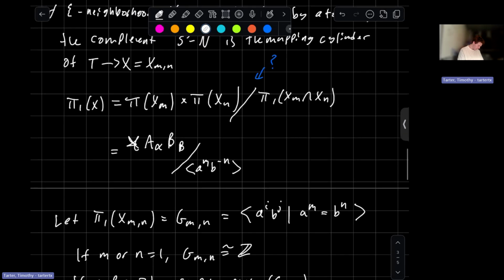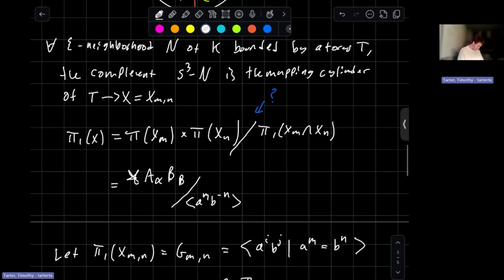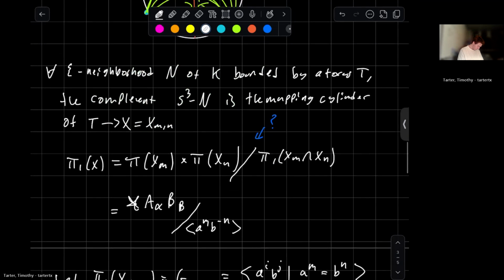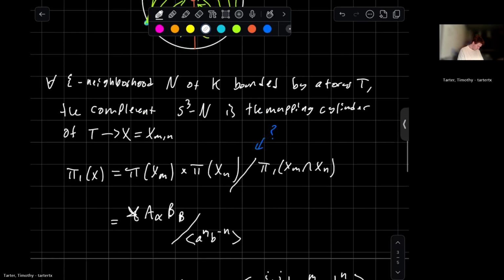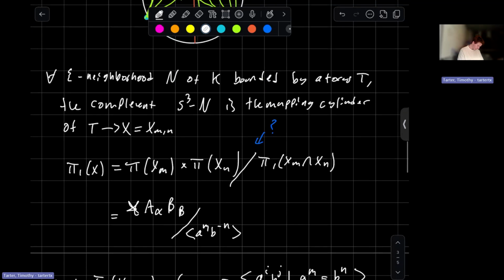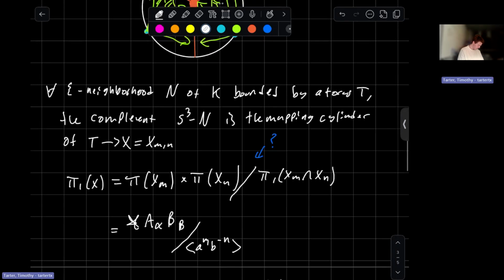We computed a deformation retract from a torus to the mapping cylinder X, or to XMN.